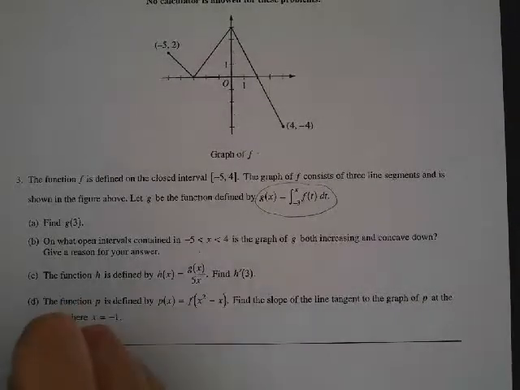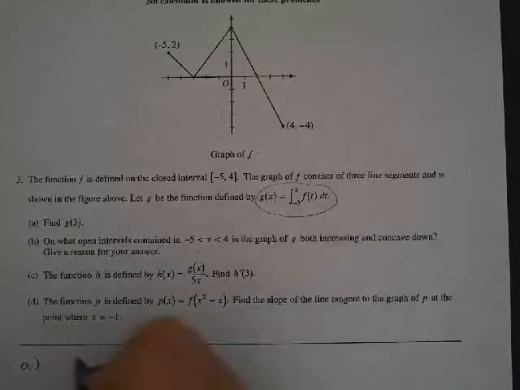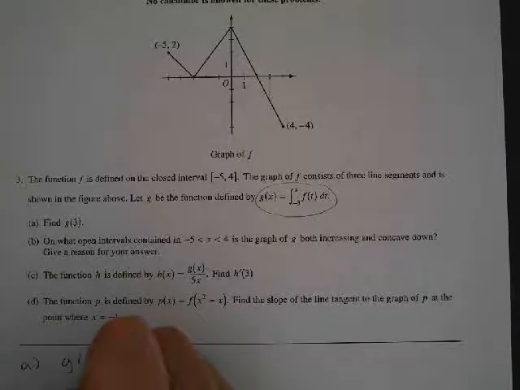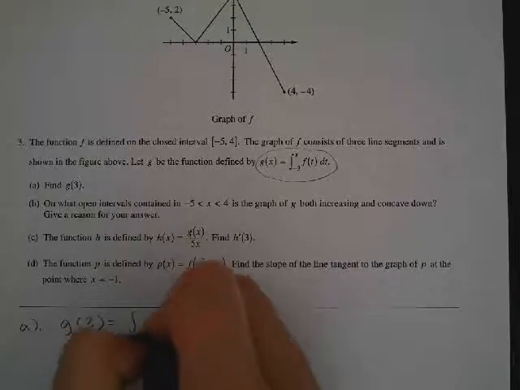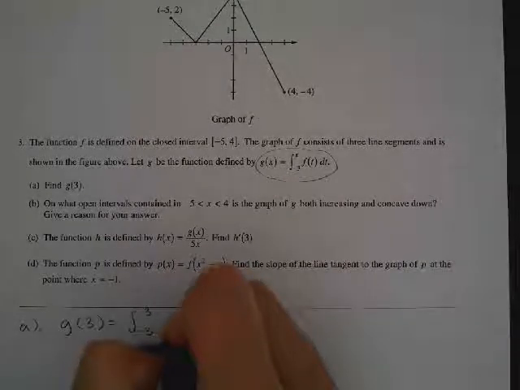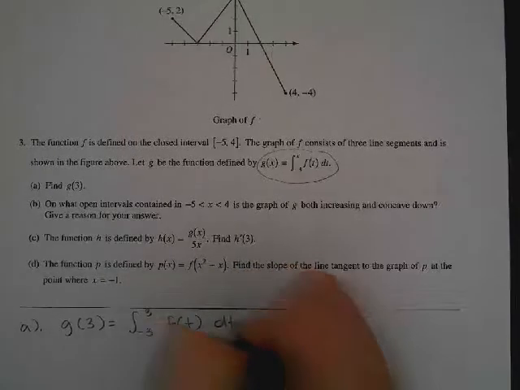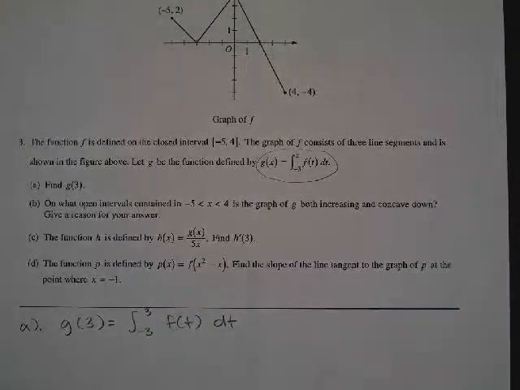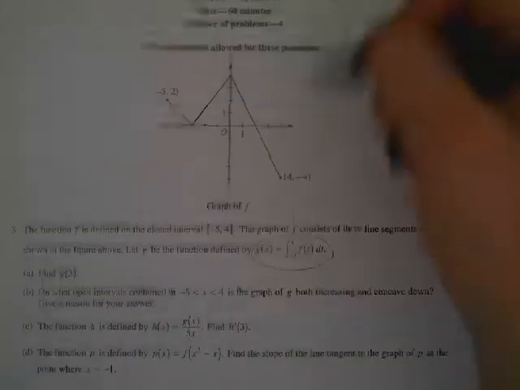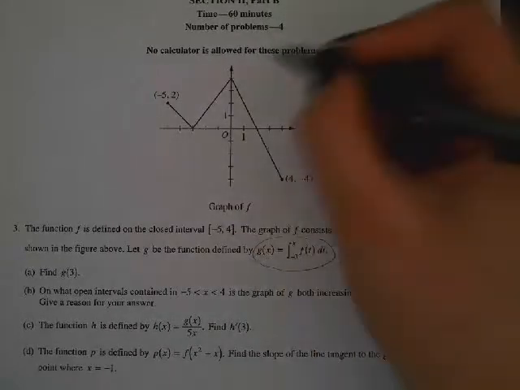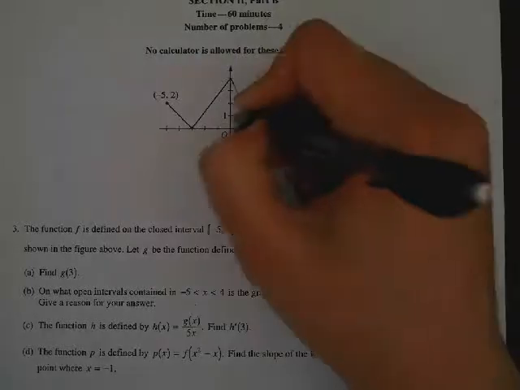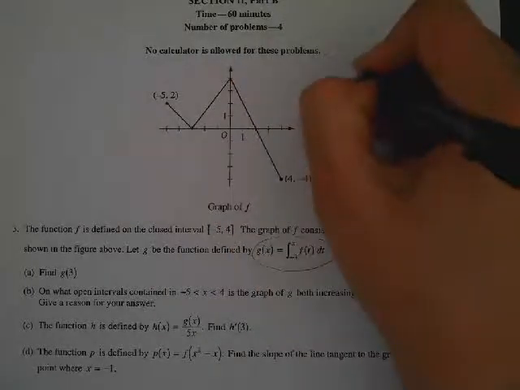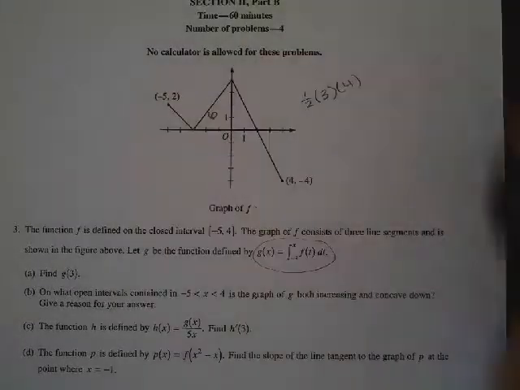First, not too bad, they just want to know what g of 3 is. And g of 3 is the integral from -3 to 3 of f of t dt. So we need to look at the area from -3 to 3. From -3 to 0, that's going to be 1/2 times 3, 1, 2, 3, 4 times 4, so that's an area of 6.